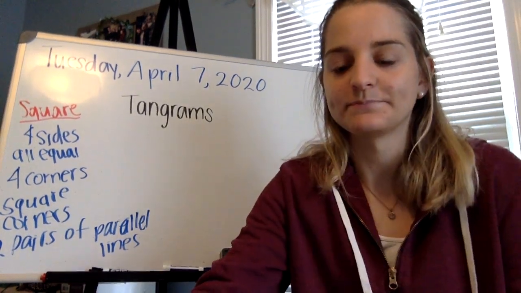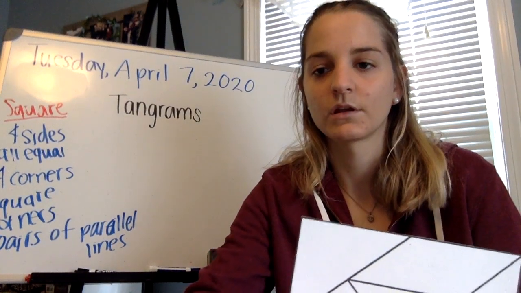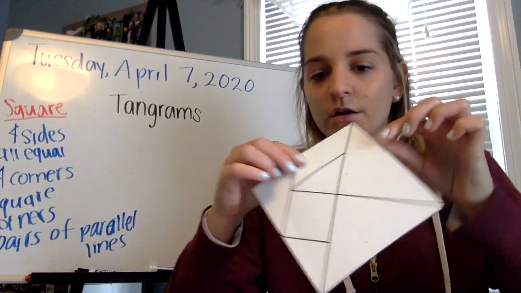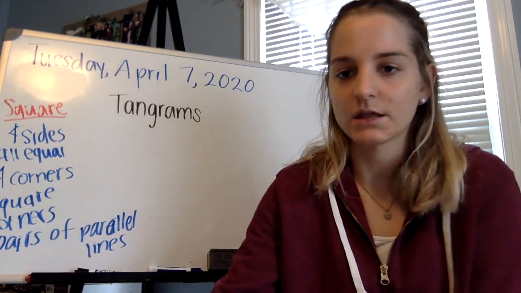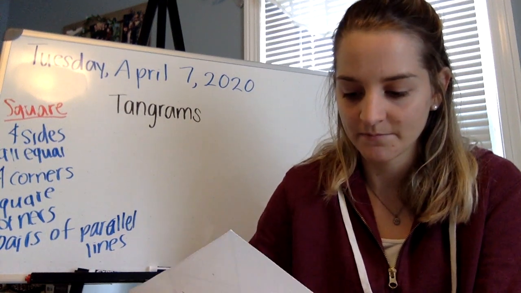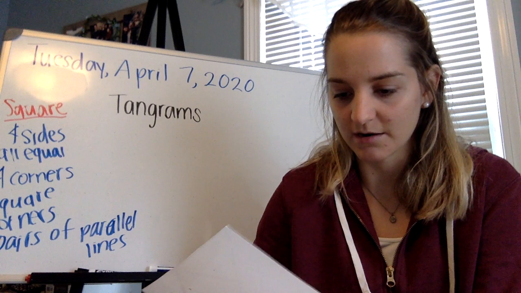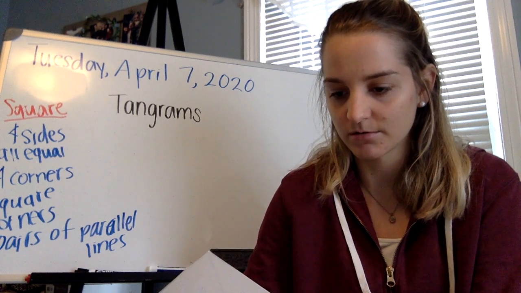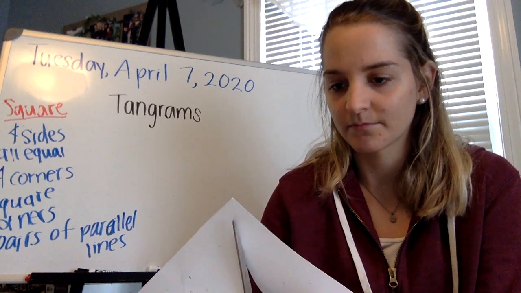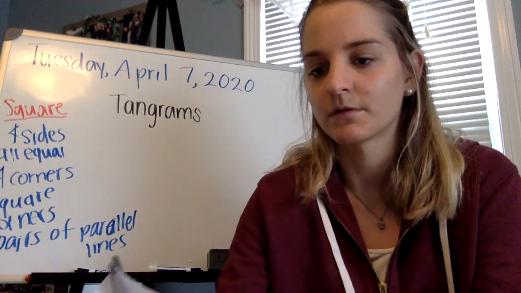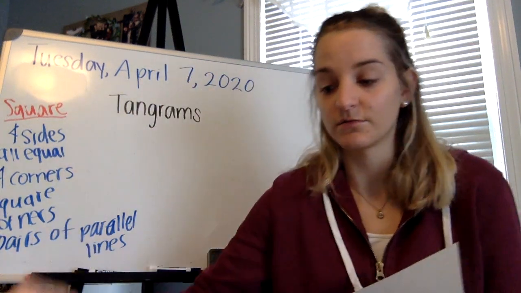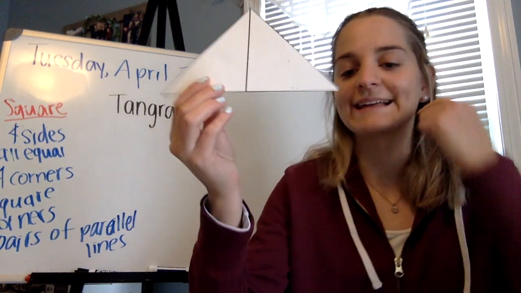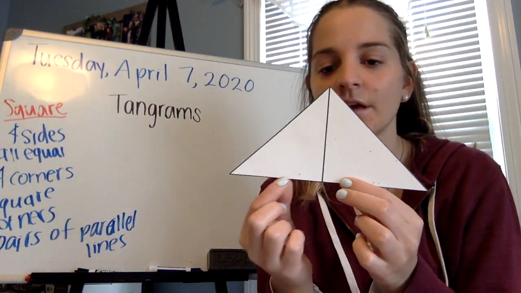Great, now I'm going to cut it up. I'm going to cut it on this line right down the middle, okay? So let me cut this. Try to be as neat as possible. Okay, and now we're going to put this side to the side, and we're just going to look at this side, okay?